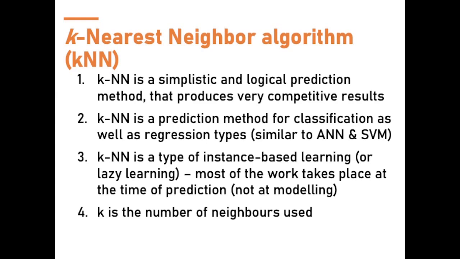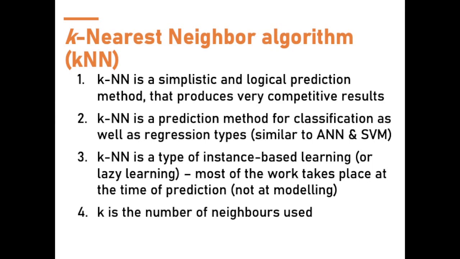And let's have a look at the k-nearest neighbor algorithm now then. The KNN is among the simplest of all machine learning algorithms, and it is a prediction model usually used for classification and regression type prediction problems.